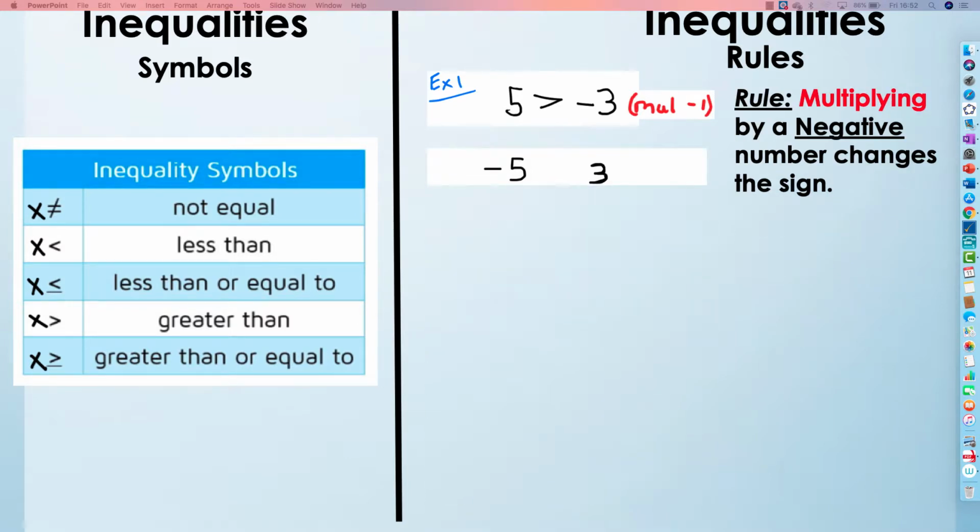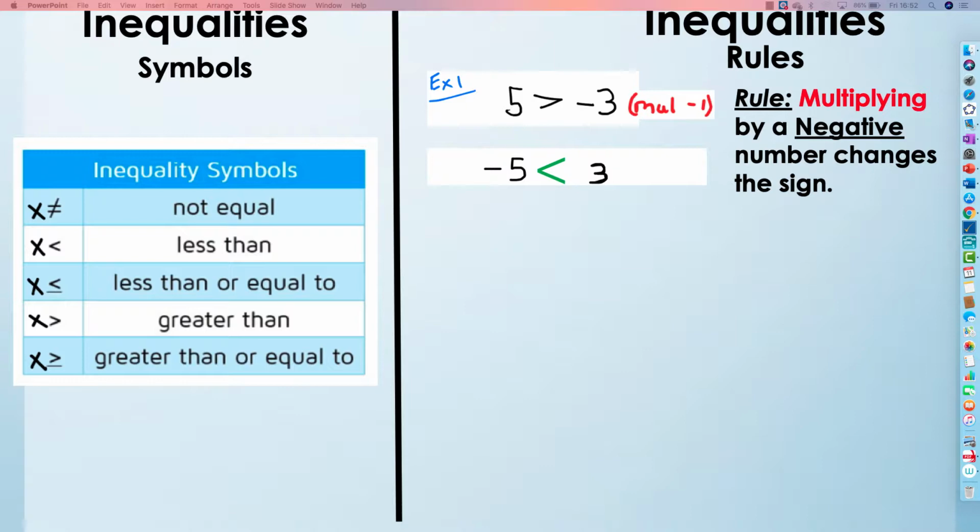Which one is greater? 3 is greater, exactly. That means my sign has to flip. So, most important rule in inequalities: if you multiply by a negative number, the sign always changes. Whenever you multiply by a negative number across, the sign will always flip.